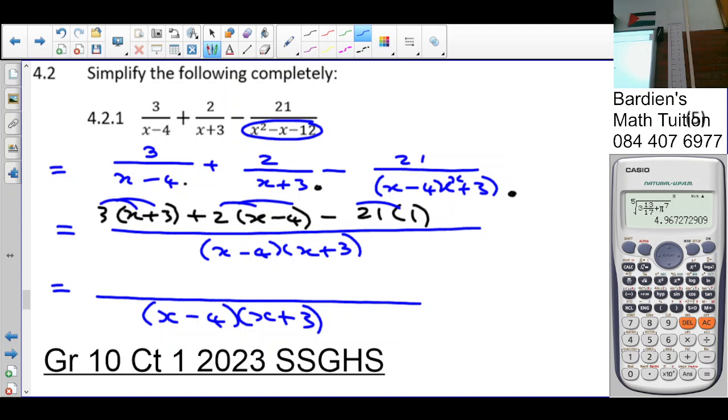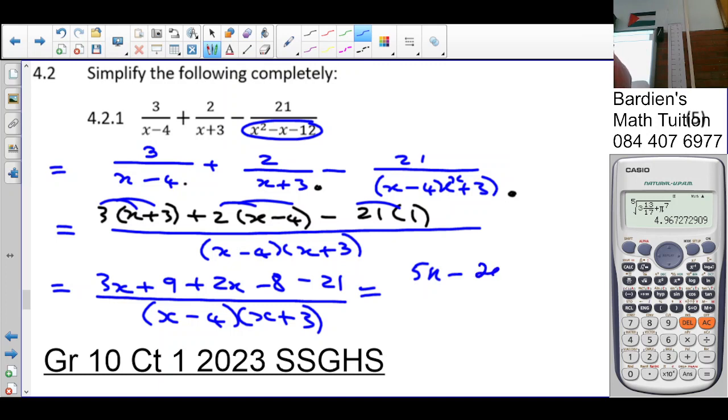Okay. People, that's going to give us 3x plus 9 plus 2x minus 8 minus 21. So what do I do now? Add like terms. Not so? So that's going to give us 5x minus 20 over x minus 4, x plus 3.